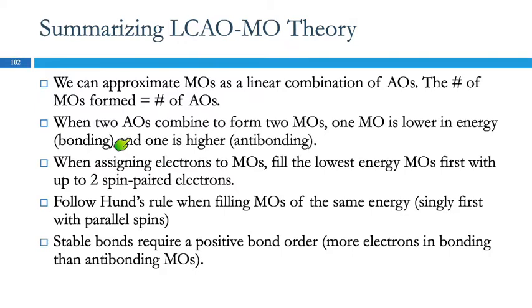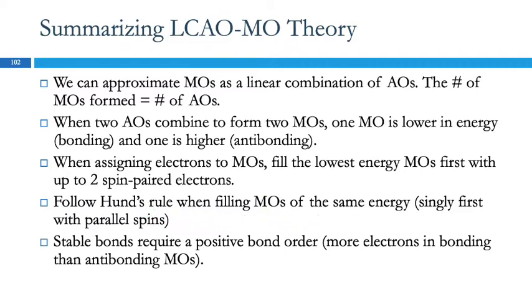Whenever you combine 2 atomic orbitals, you're going to get one molecular orbital that's lower in energy, the bonding orbital, and one that's higher, the anti-bonding orbital. When assigning electrons, we're going to do the same thing as we did before. Fill the lowest energy orbitals first with up to 2 spin-paired electrons. We're going to follow Hund's rule when filling molecular orbitals of the same energy.